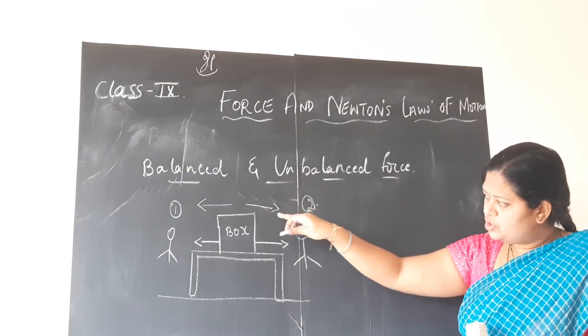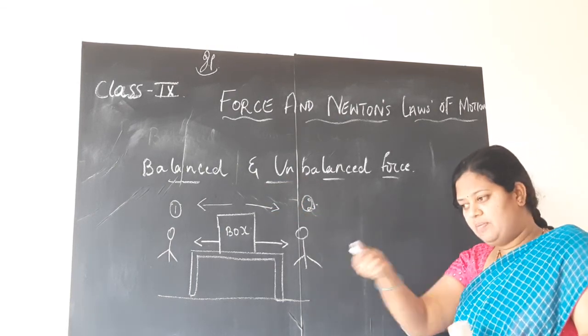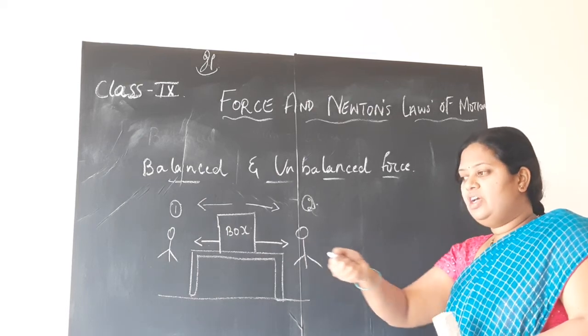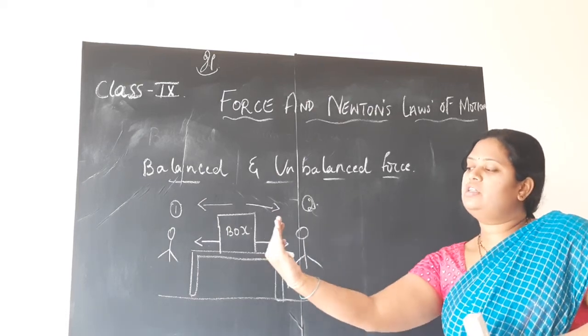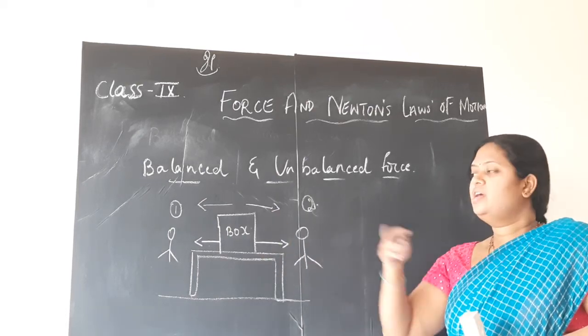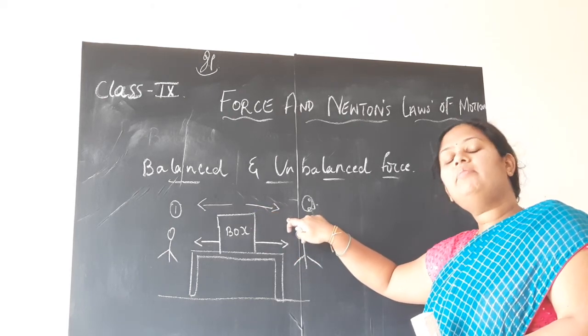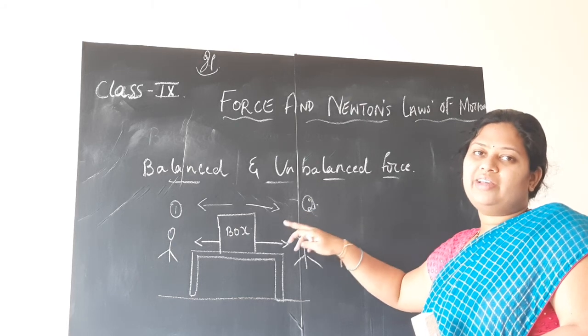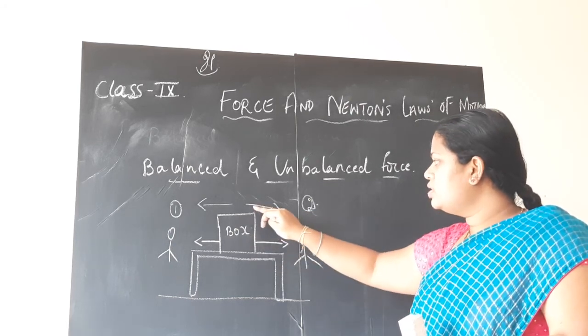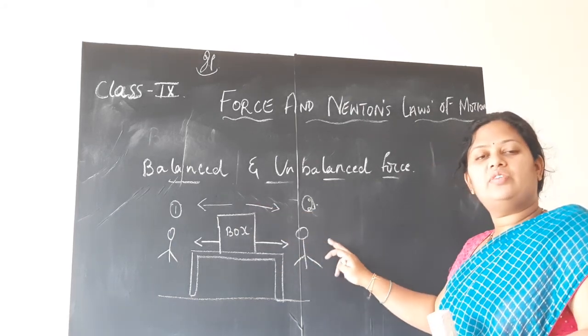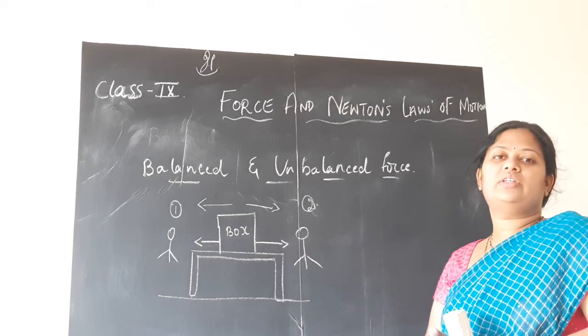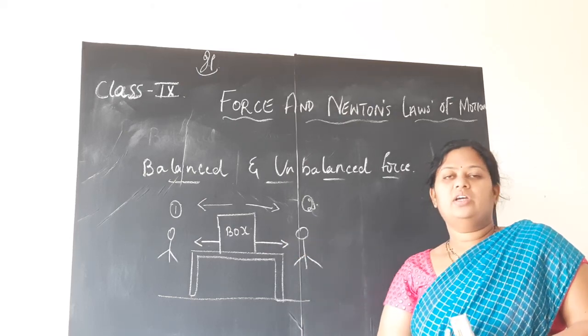He is applying the force towards him, so obviously the box has to come towards him. In whichever direction the force is applied, in the same direction the body will move. Here the box is moving towards this direction, and person 2 is pulling the box with the help of the thread.